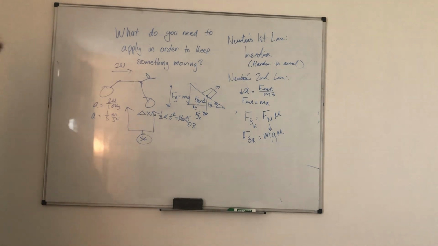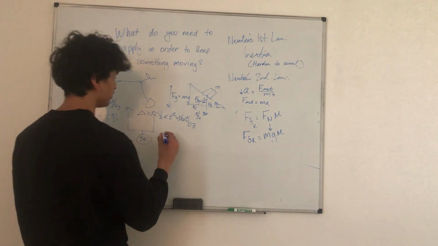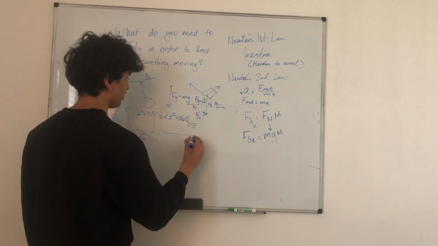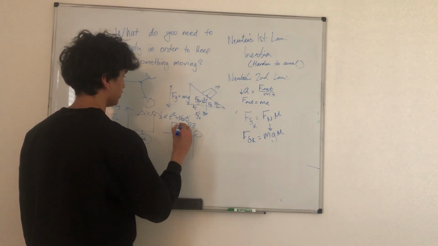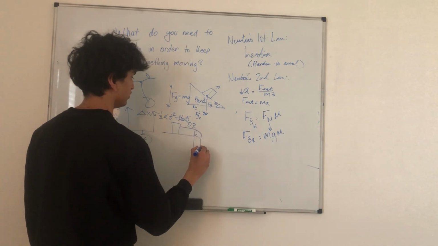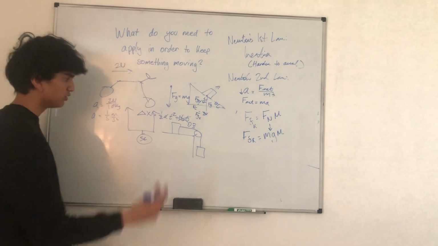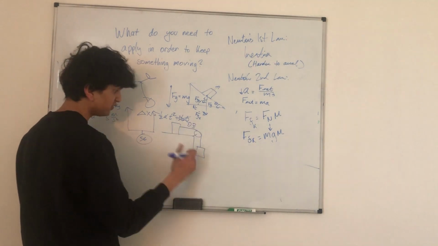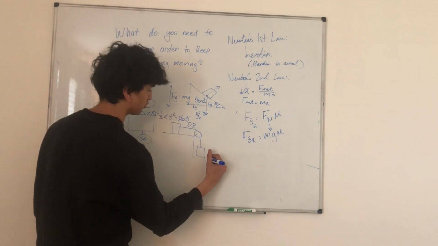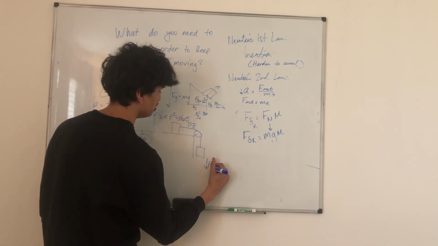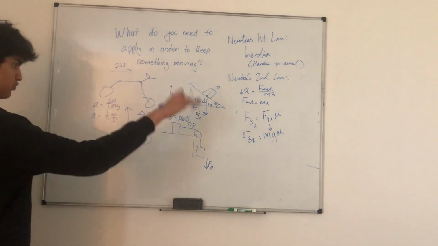Oh, actually, one important thing to know is two-body problems. If you have a two-body problem like this, you can treat it like one system, so the only net force is going to be Fg on the whole system.